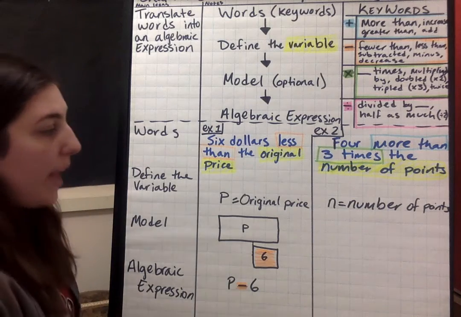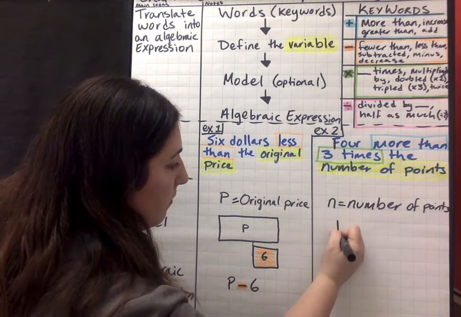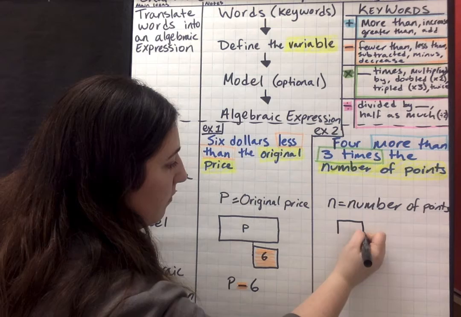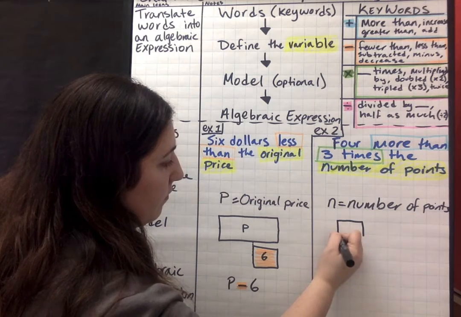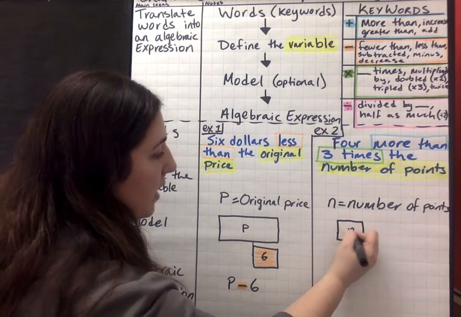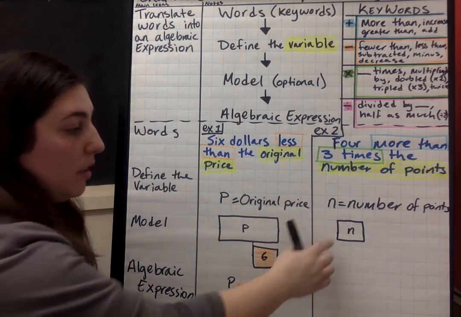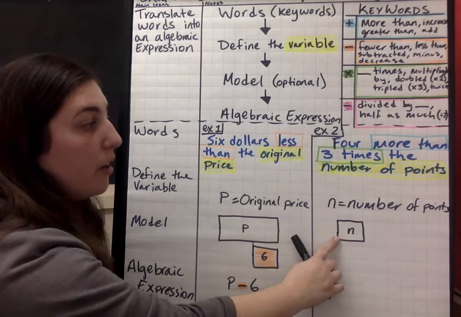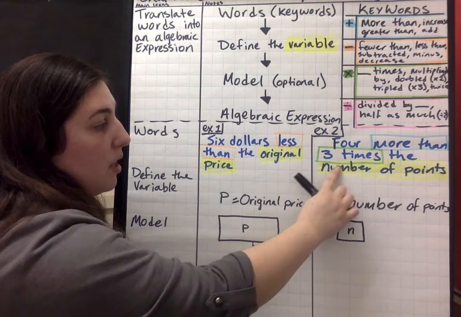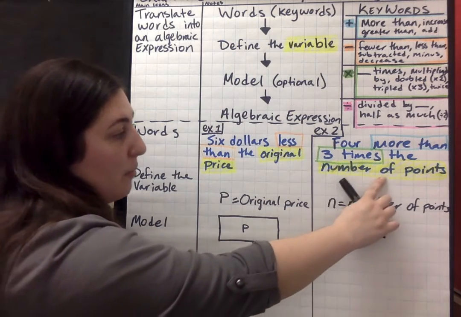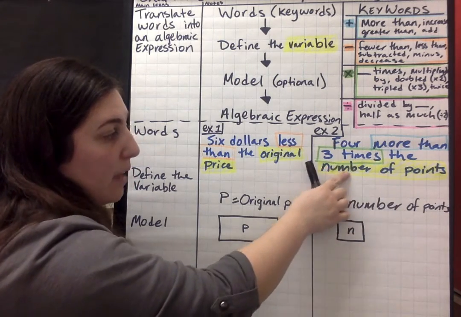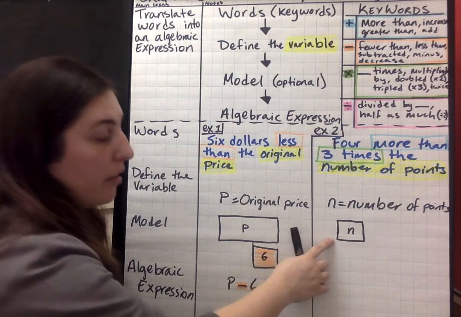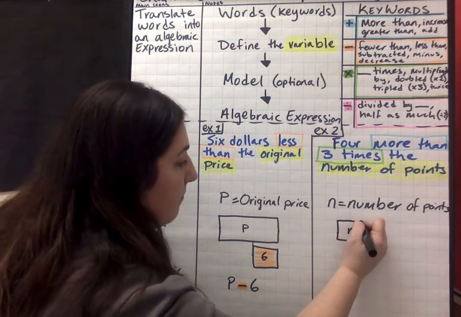So I'm going to model that first. Here's n, okay? So this is just a model of n so far. And I have 3 times the number of points. Remember, n is the number of points, and I have 3 times that. So I'm going to draw 3 times this.